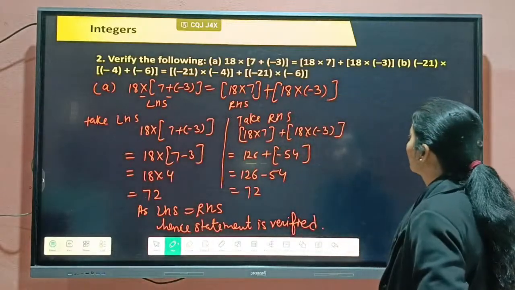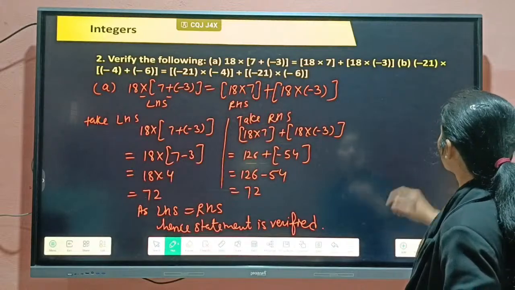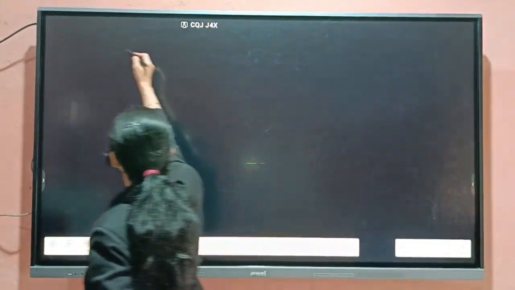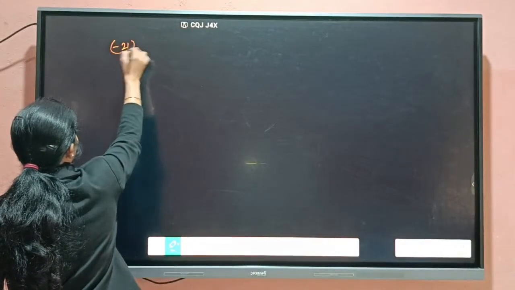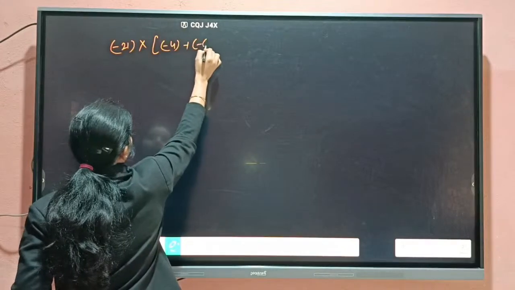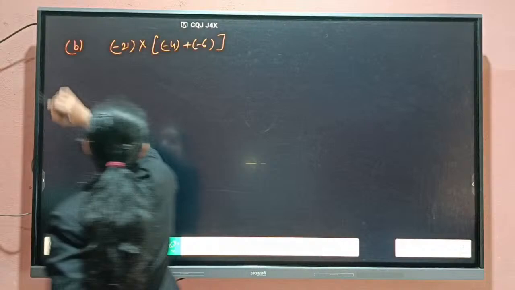What is question number 2, second part? It is minus 21 multiplied with minus 4 plus minus 6.